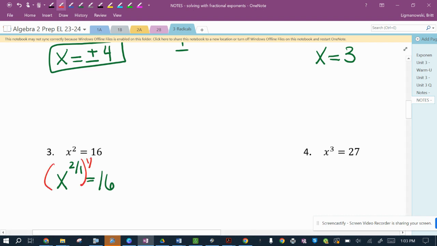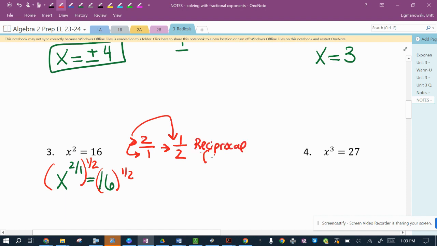If I have 2/1, my reciprocal would mean I flip these, and the flip would be 1/2. So I'm going to raise both sides to the 1/2 power. Since these are opposite of each other, I'm just going to get x.